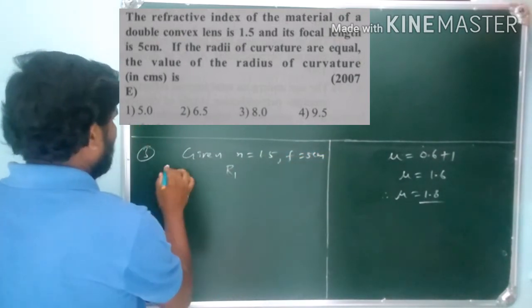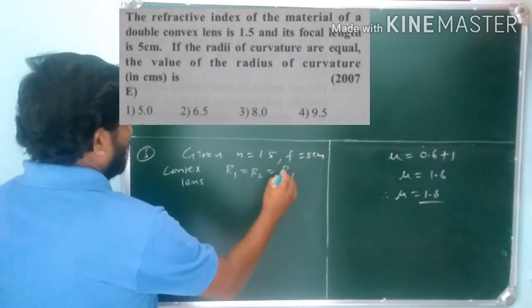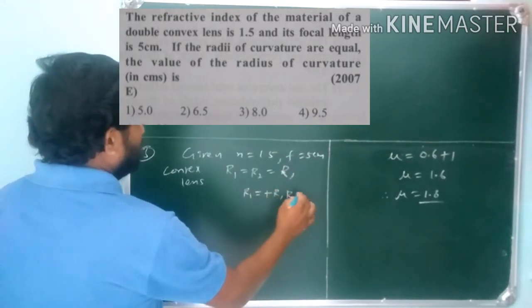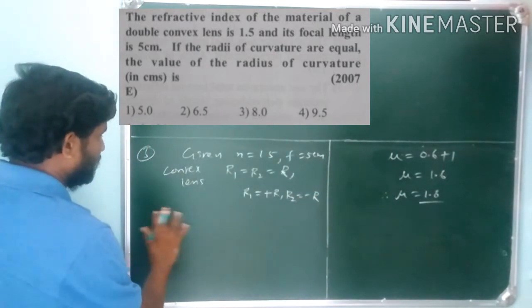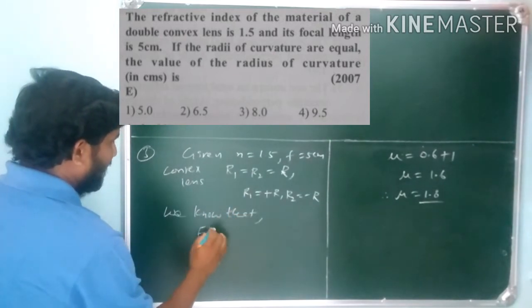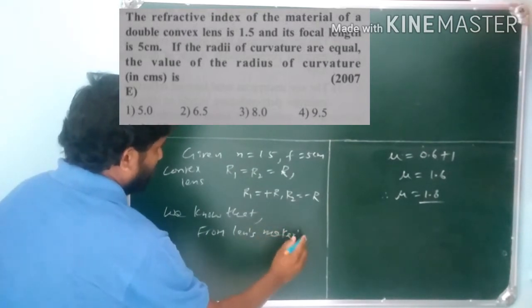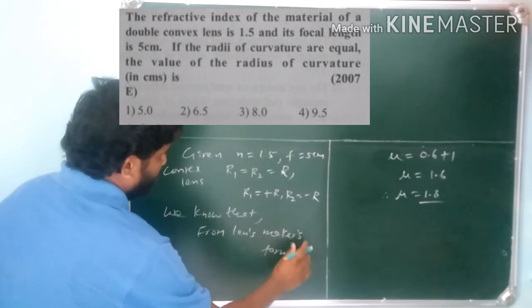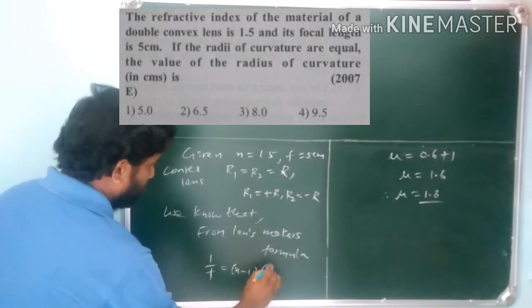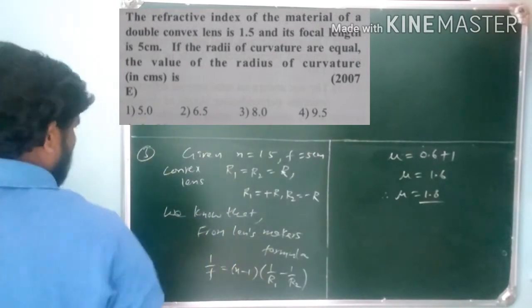And we know that for a convex lens, r1 is equal to r2, given as r, and according to sign conventions r1 is taken as plus r, r2 is taken as minus r, and we know that from the lens maker's formula, 1 by f equals (n minus 1) into (1 by r1 minus 1 by r2). Now substitute the values here.